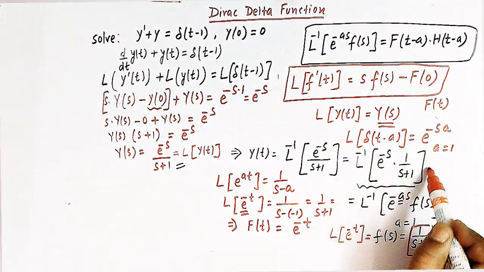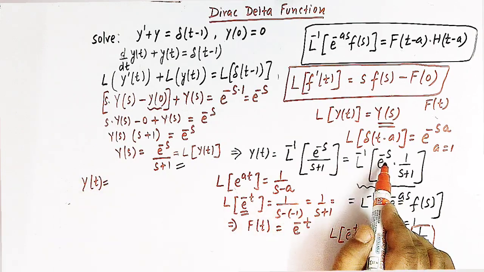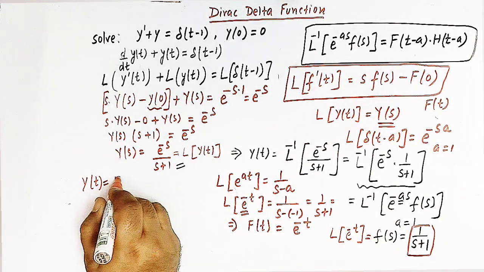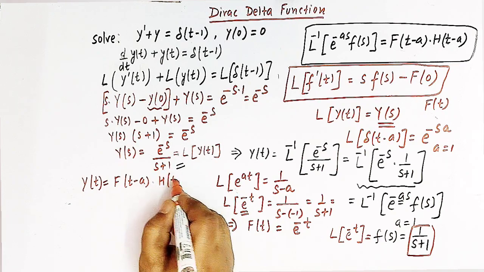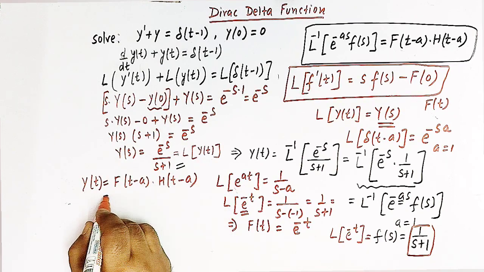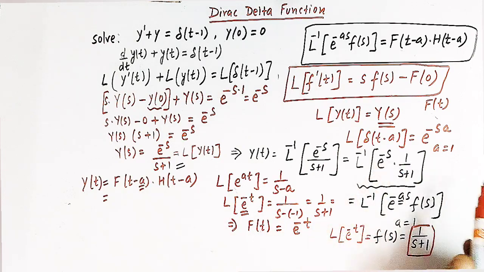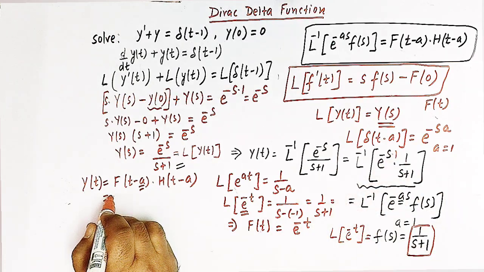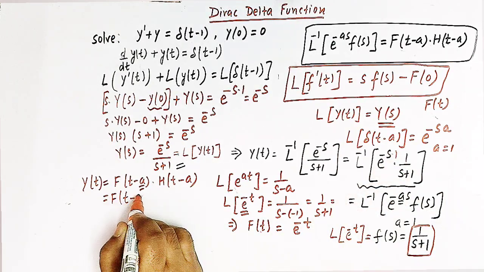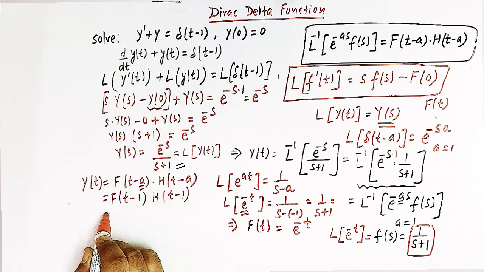This expression, our function y of t, is equal to f of t minus a times h of t minus a. Our function f of t is e raised to minus t, and the value of a is 1 here, because here we have minus s times 1. So we have f of t minus 1 and h of t minus 1.